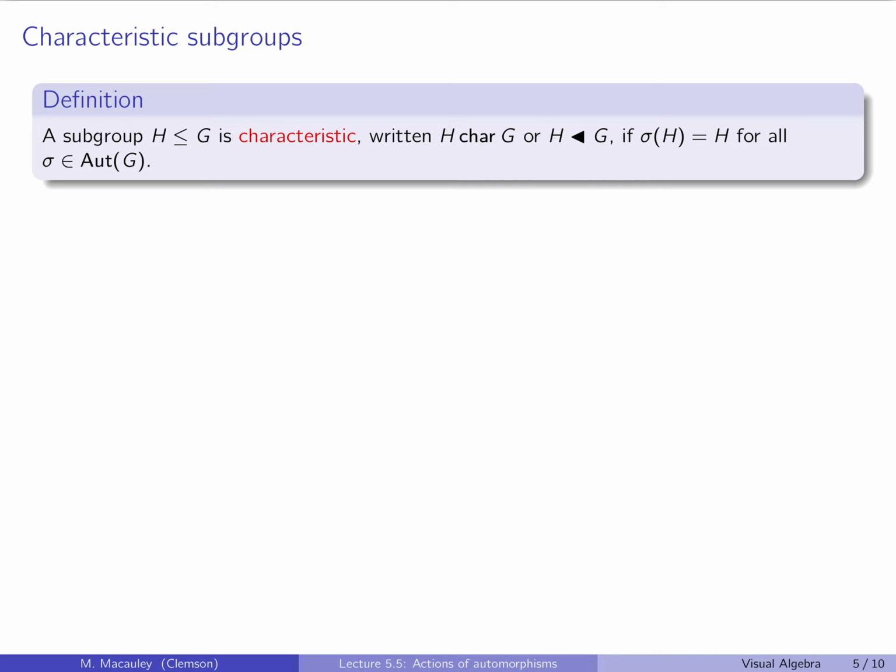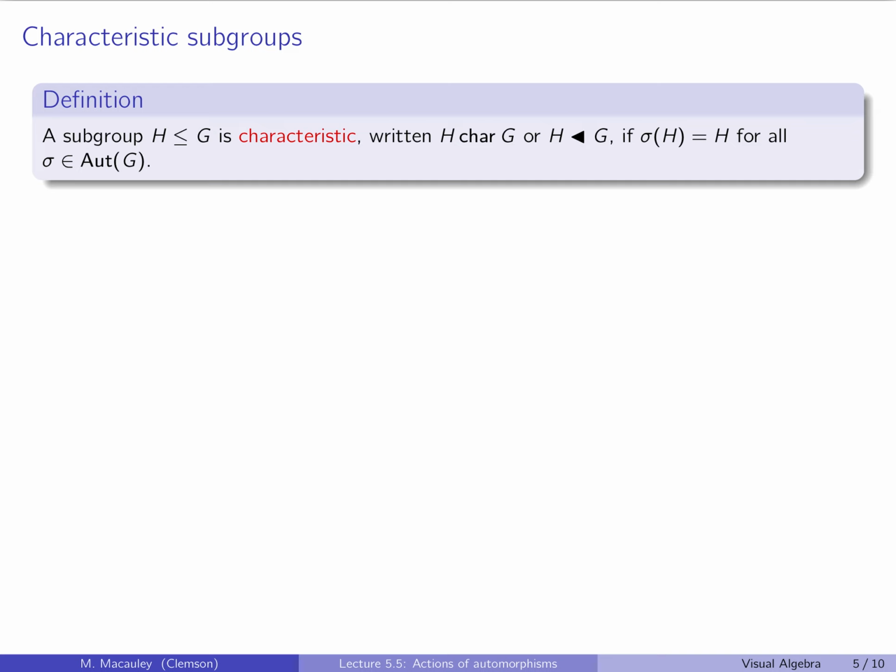A subgroup H of G is characteristic if it's preserved by all automorphisms. This is not that common of a term. It's not something that you'll see in every intro group theory class like you will normality. So there's no one agreed upon symbol.